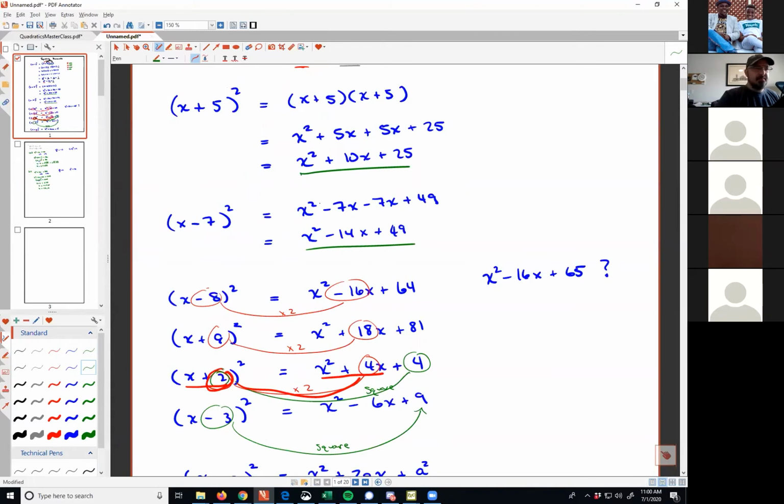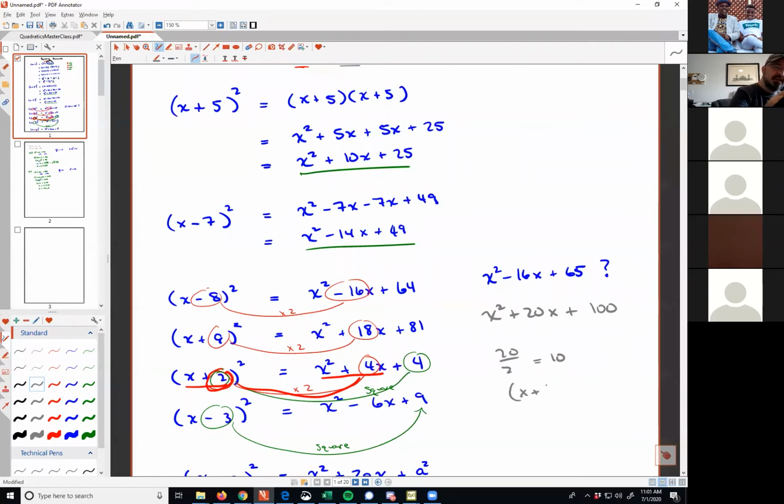Somebody else tell me, how is it that we figure out what to add? Here's an example. X squared plus 20x. What do we add? 400. Not 400. It's 100. We take that 20 and we divide it by 2, and then we square that, right?